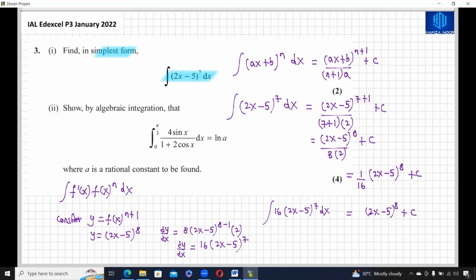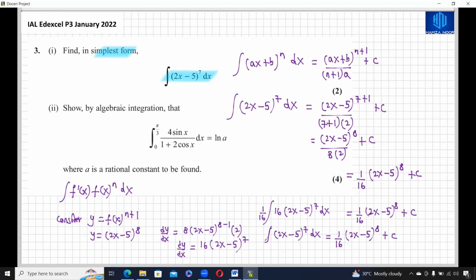But you don't need this constant term 16 here. So in order to get rid of it, you need to multiply by 1 over 16 on both sides. Therefore, the integral of (2x − 5) to the power 7 with respect to x equals 1 over 16 multiplied by (2x − 5) to the power 8, and then plus c.